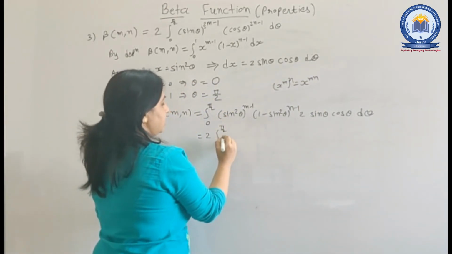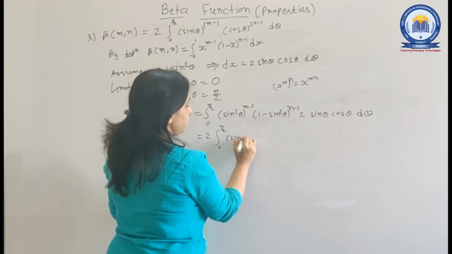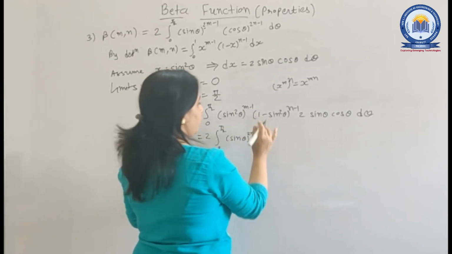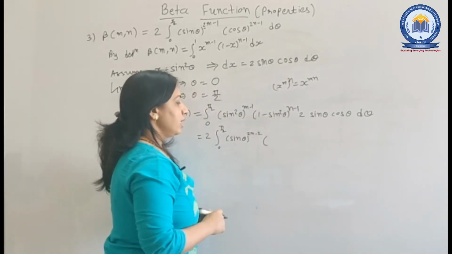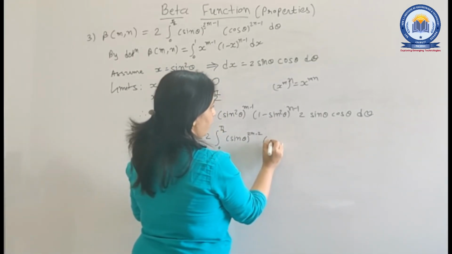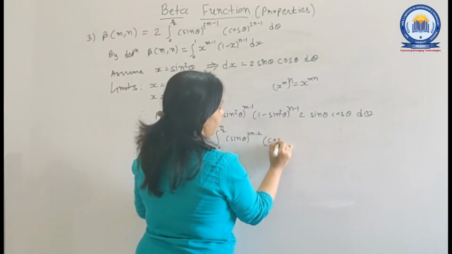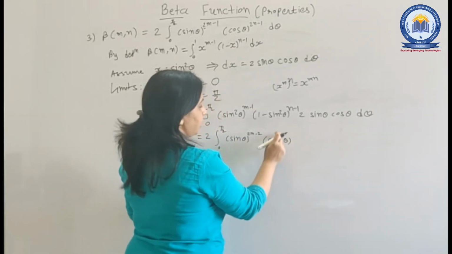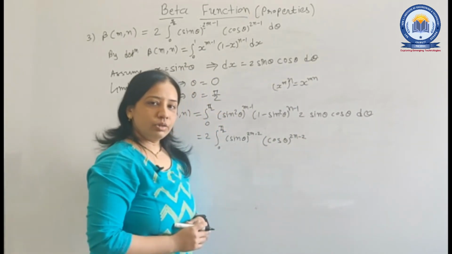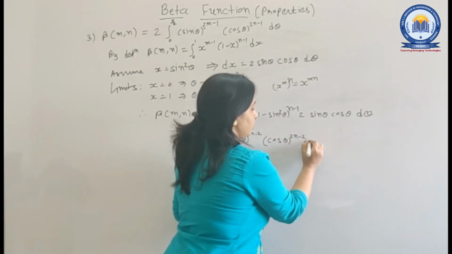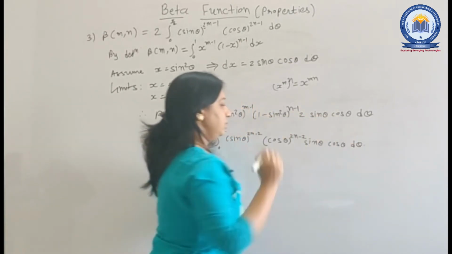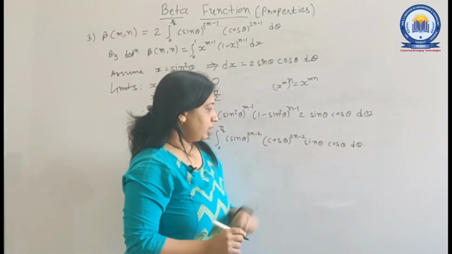Same like that, sine theta raised to 2m minus 2. 1 minus sine square theta, that is cos square theta. So again cos theta, that square will be multiplied with this, so 2n minus 2. This sine theta cos theta as it is, and d theta.